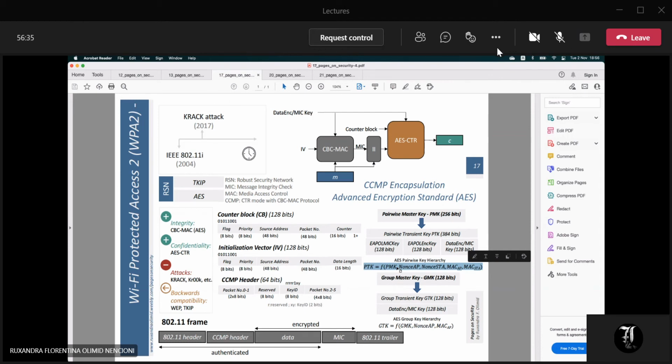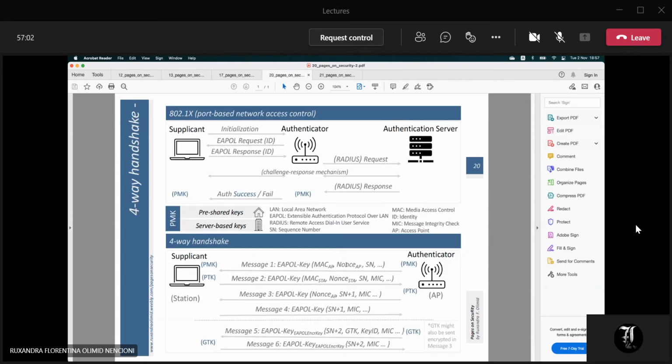As we talked about last time, the nonces can be sniffed in the four-way handshake, and the MAC addresses are also public. So the adversary just has to try all the possible PMKs, which are not so many if they come from a weak password. Then it gets the possibilities for the PTK, and it tries them in this four-way handshake or later on to see, for example, whether the MIC is the same for each of the keys it got. Whenever it finds a match, it knows this is the correct key. Okay.